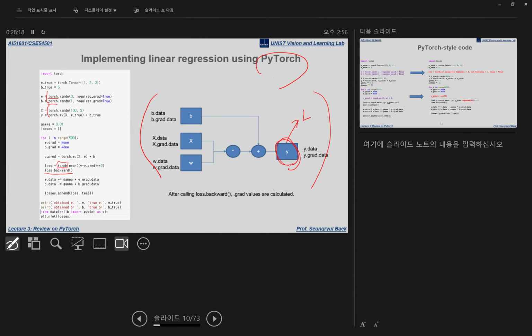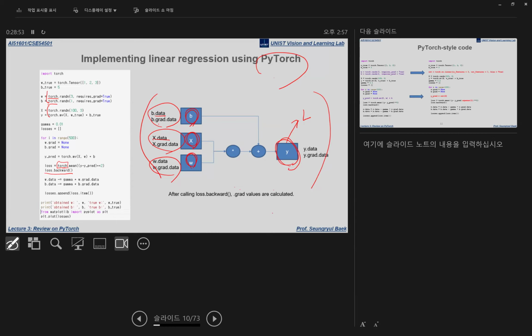And B, X, W, those PyTorch arrays always have two types of instance variables. The first one is data, which holds the values. B, for example, has some randomly initialized bias value. X holds the input data values, and W holds the parameter values.